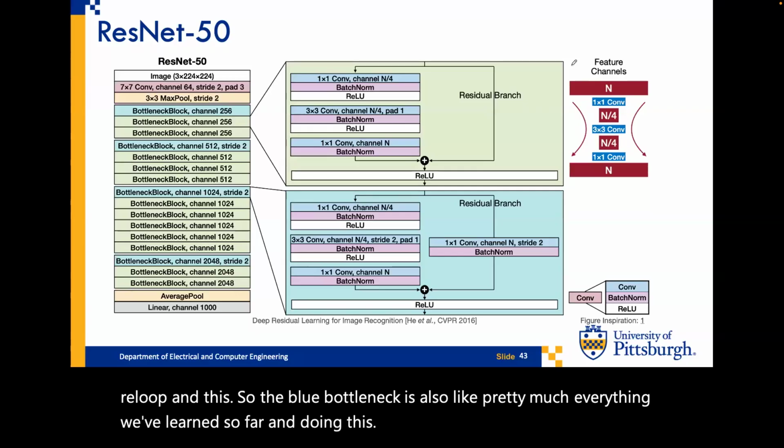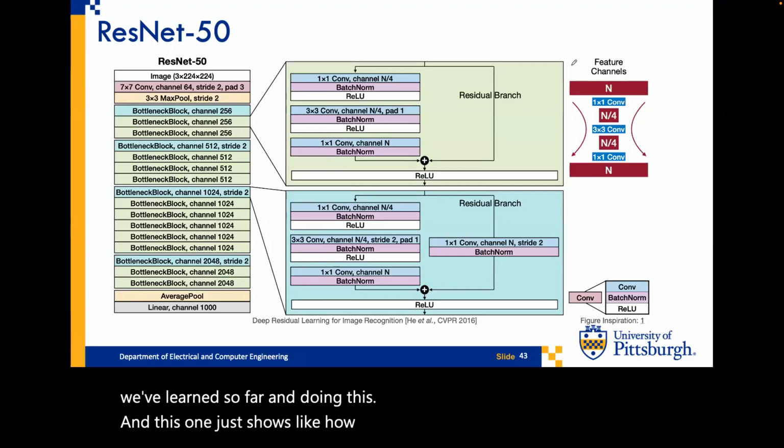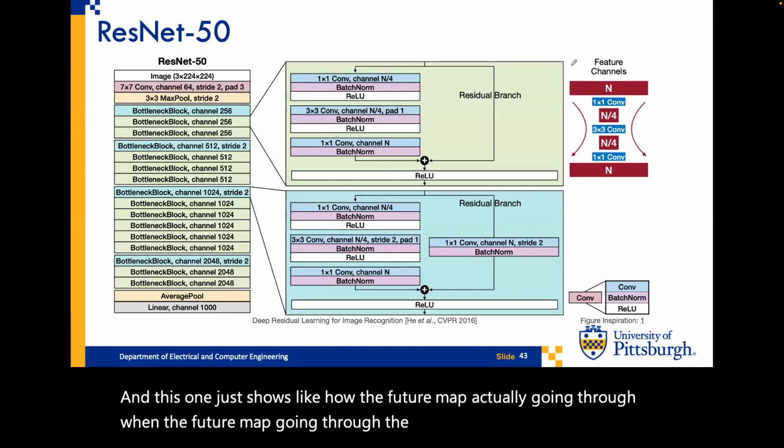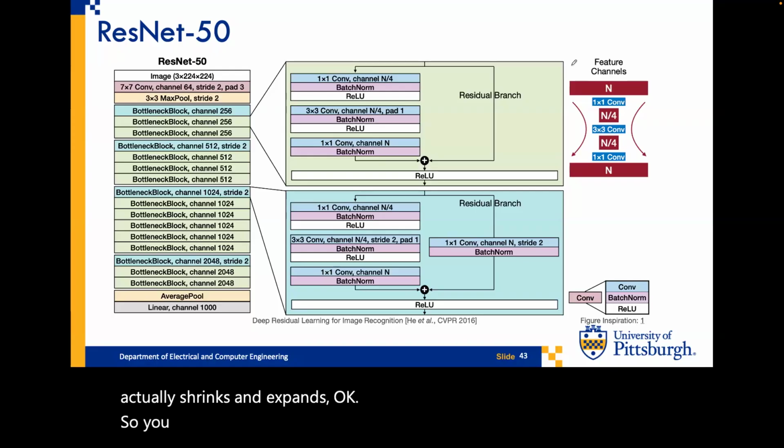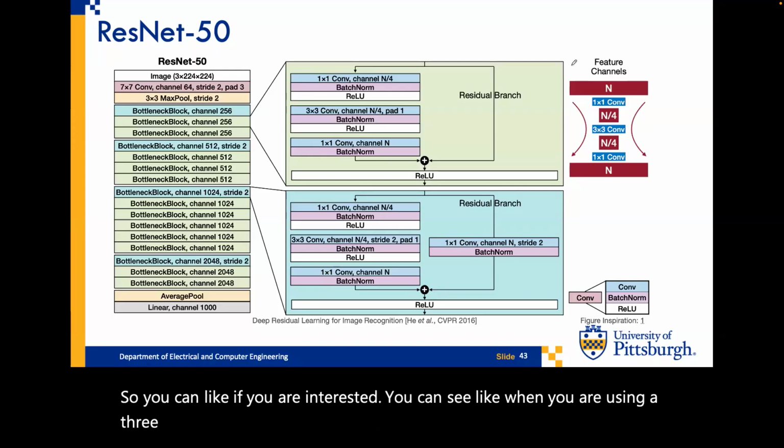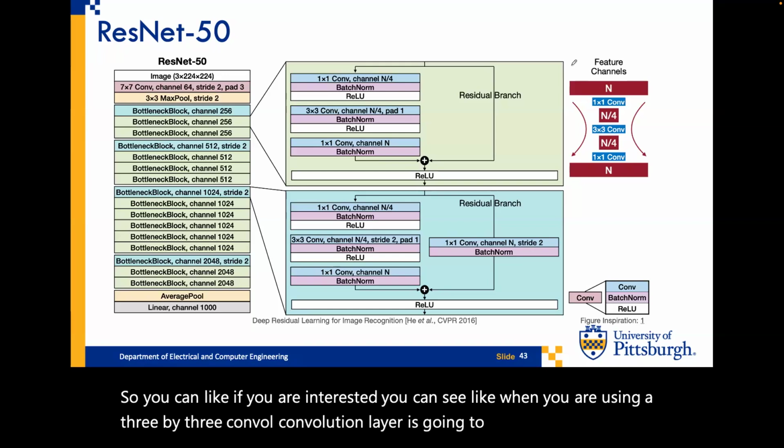And this one just shows how the feature map actually shrinks and expands as it goes through the inputs. If you are interested, you can see that when you use a 3x3 convolution layer, it is going to shrink the output feature map, right?